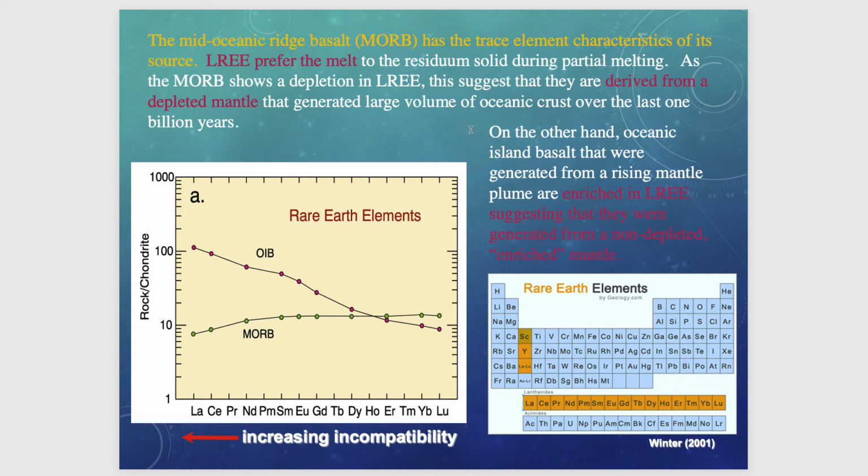So in conclusion, in the MORB case, we have a depletion. So MORBs derive from mantle that is depleted in light rare earth elements. Instead, since the plumes come from deeper in the mantle, we have cases in which we have an enrichment.